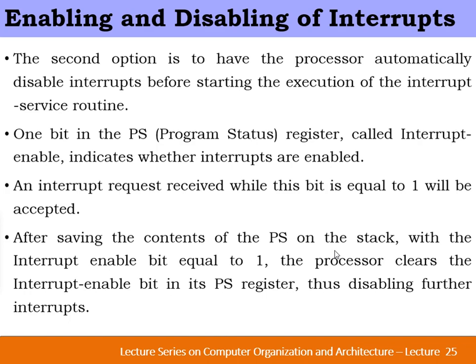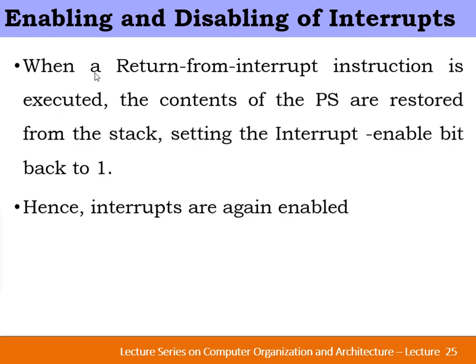Once it is done, the ISR can be executed, and after execution of the ISR, it can come back to the main program when a return from interrupt instruction is executed. Once the ISR has been executed, it should come back to the main program. In order to do that, a return instruction in the ISR needs to be executed.